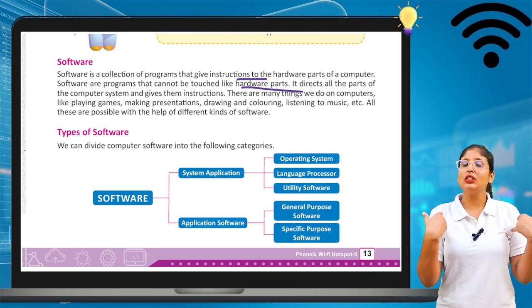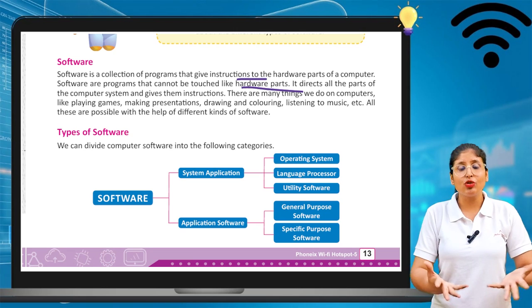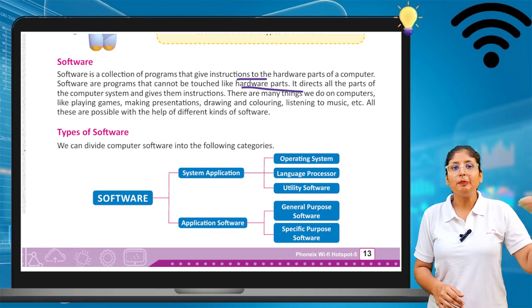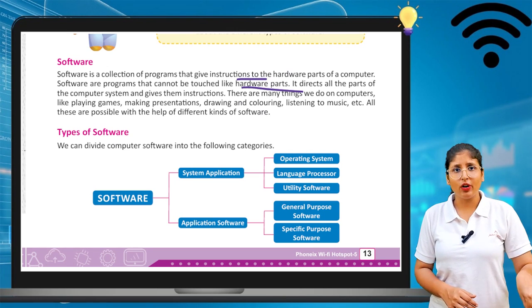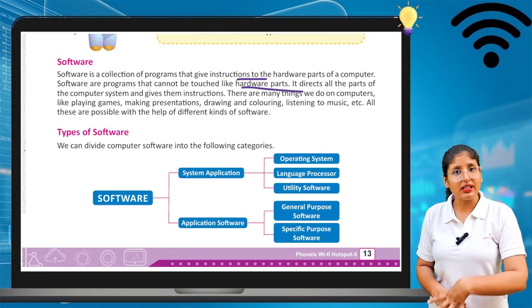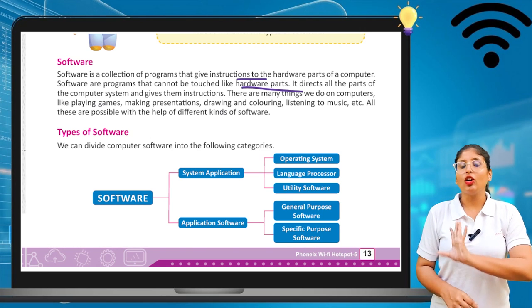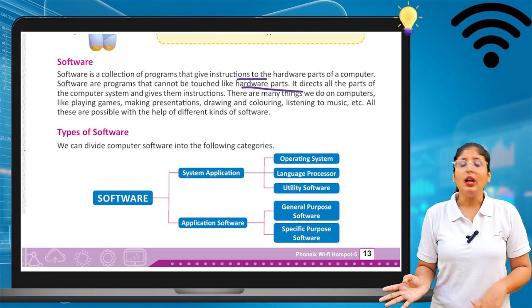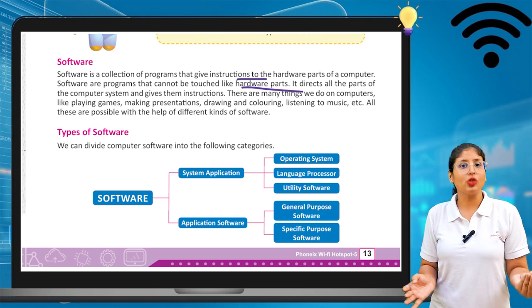In the Play Store, you install software for that. If you want to play a game, do drawing, or make a presentation, we cannot do it with just a keyboard or a mouse. We need software for that.